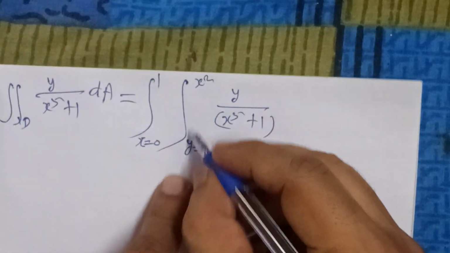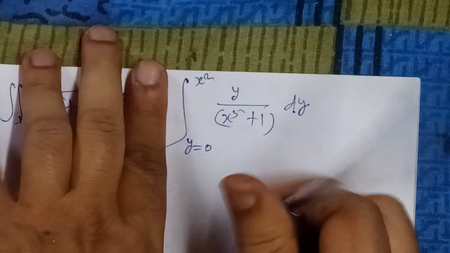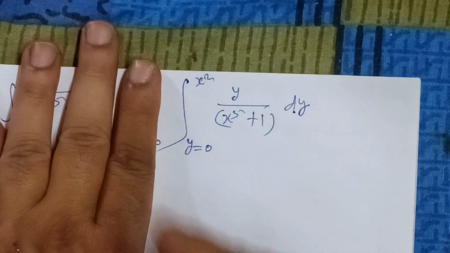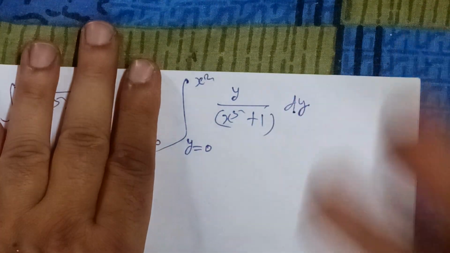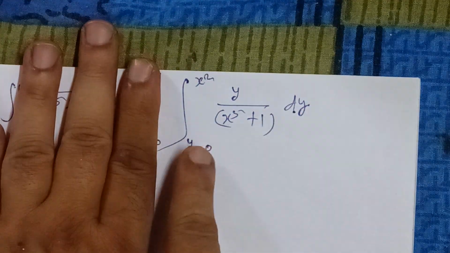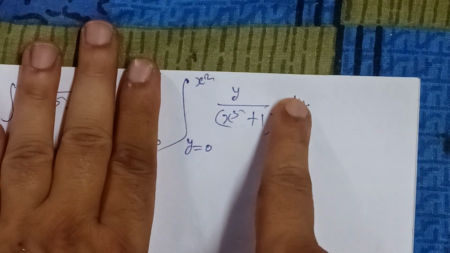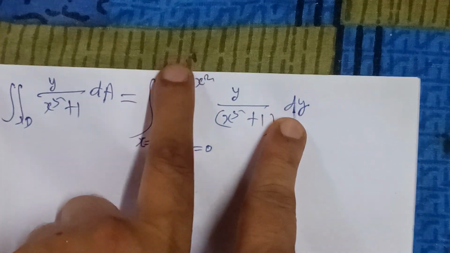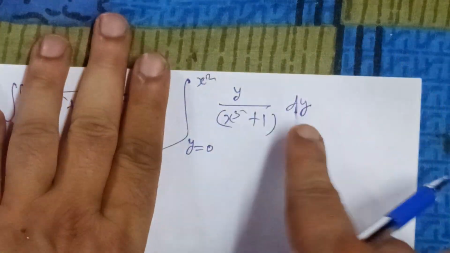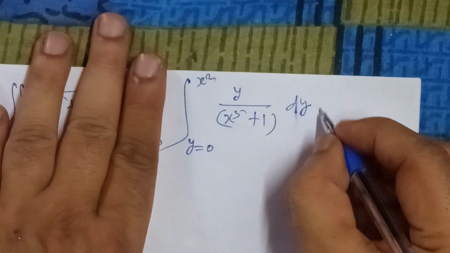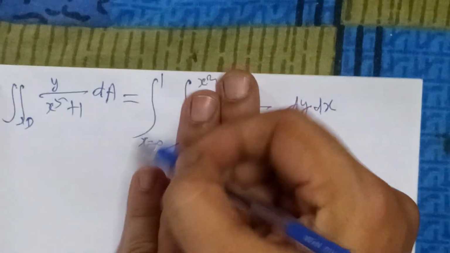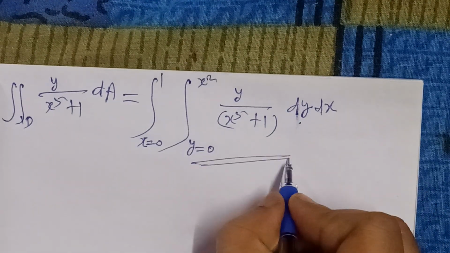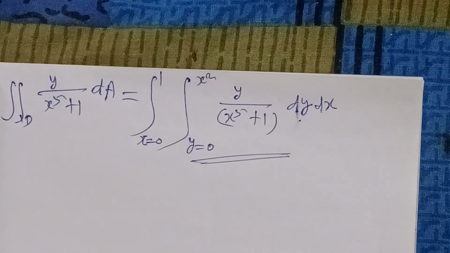I write dy first because it relates to this integration, and dx for the other integration. Many writers write dy first here, but I integrate with respect to y first and then x.